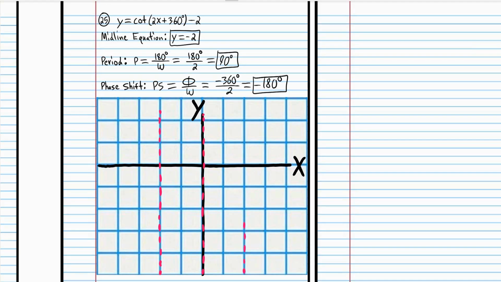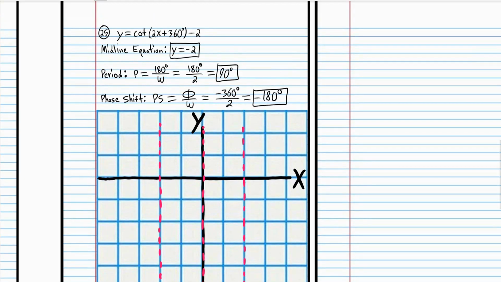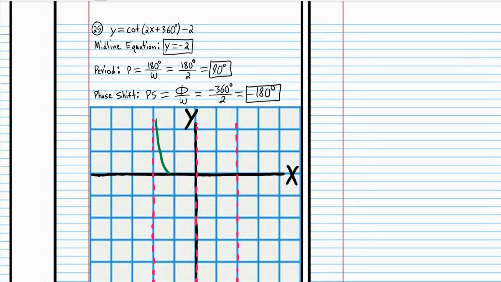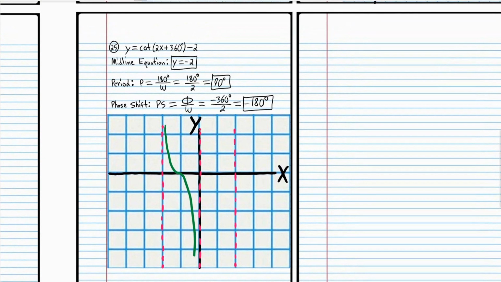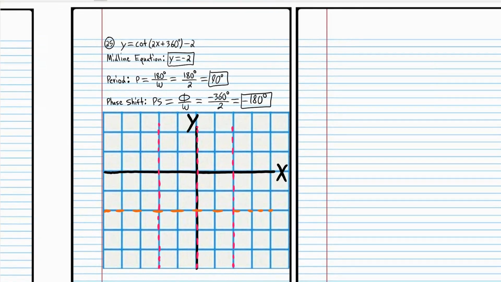That actually doesn't change the look of the graph at all when you move it over, because if you move this shape over here, then it's really the same thing. But we're going to move everything down 2 units because the midline is down here, and we don't really need this asymptote.